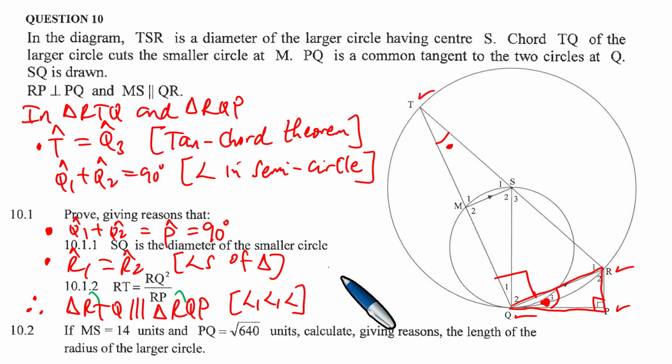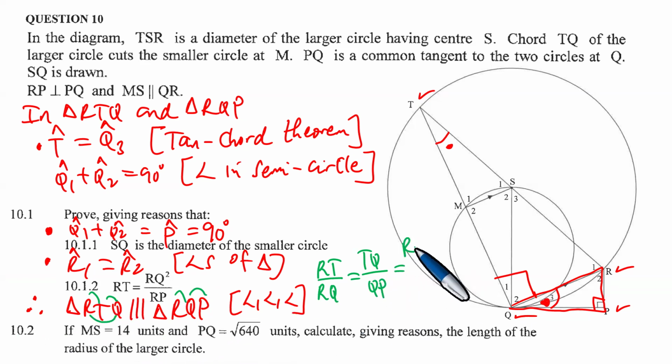Because these two triangles are similar, we can say RT over RQ is equal to TQ over QP, and this is equal to, taking the first and the last, RQ over RP.